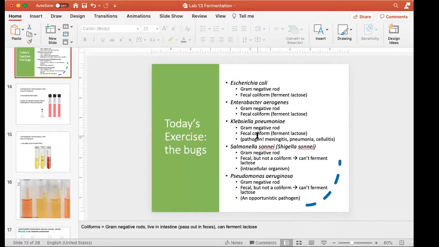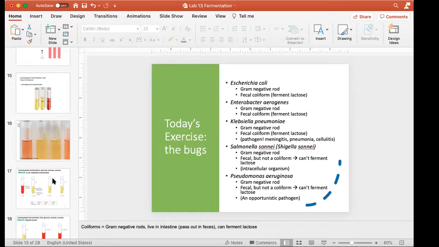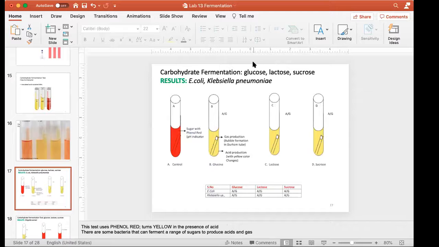They are typically known as lactose fermenters. Then we have Salmonella, or also called Shigella sonnei, and Pseudomonas aeruginosa. Those are also gram-negative, also intestinal, but not coliforms. So we have 5 organisms to take a look at today. And we're testing for glucose, lactose, and sucrose.